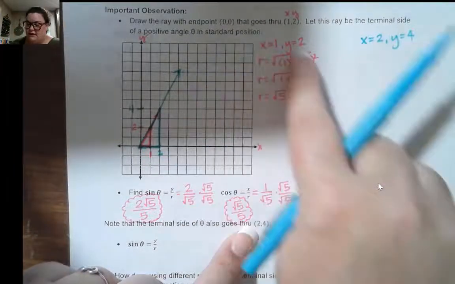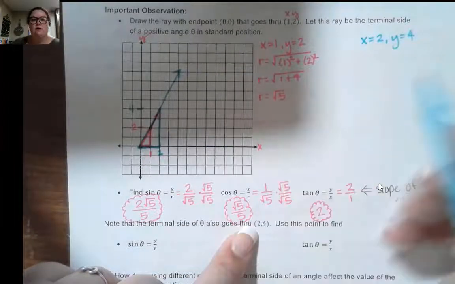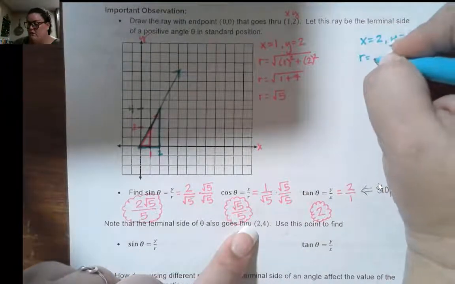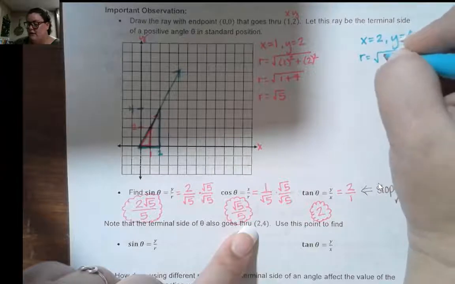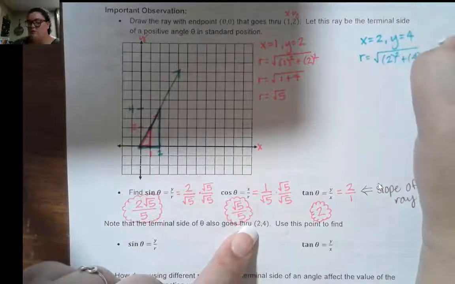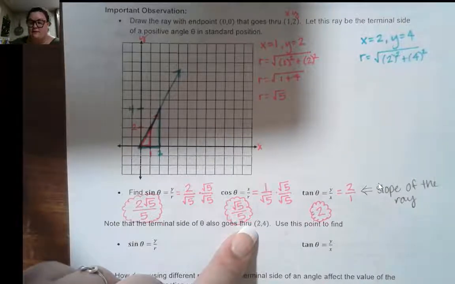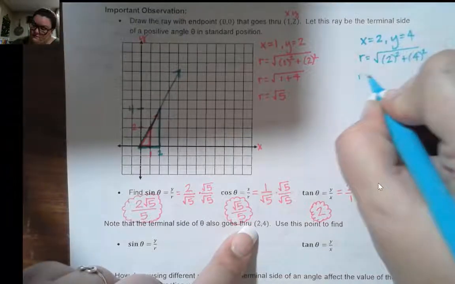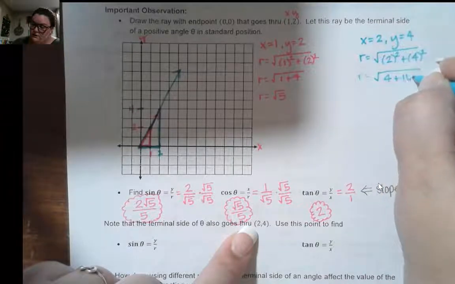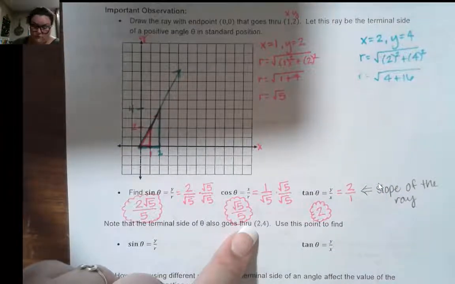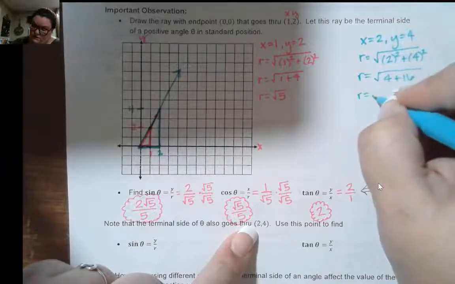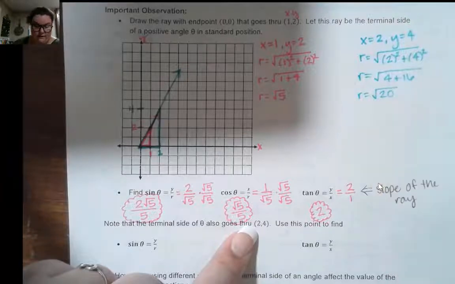So just like I did before with my pink marker, I'm going to do this again with my blue marker. I can find r by doing the square root of my x value squared plus my y value squared. And then I'm going to simplify. So this gives me the square root of 4 plus 16, which gives me the square root of 20, right?